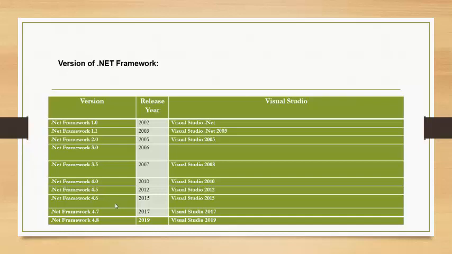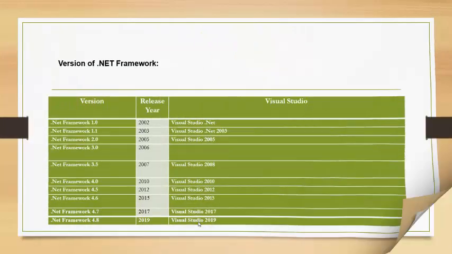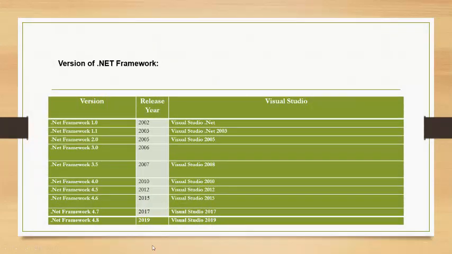So if you develop an application in 2.0, that can run on 4.8. But if you develop an application in .NET framework 4.8, that cannot run on 2.0. In Visual Studio there are many facilities available, so if you develop code in Visual Studio 2019, it has an option to select different kinds of lower versions.